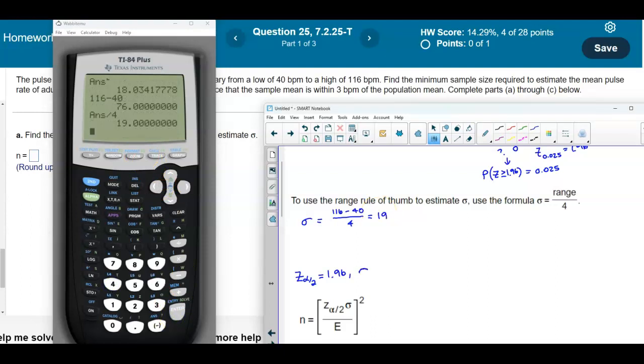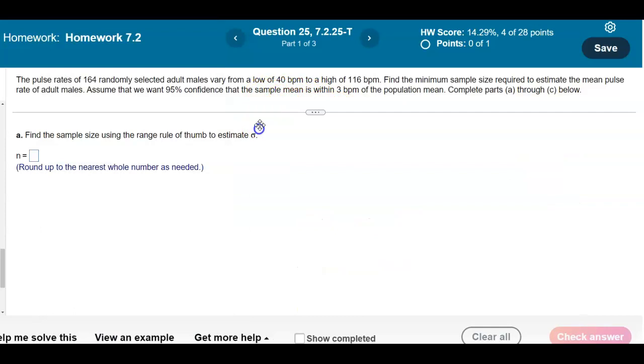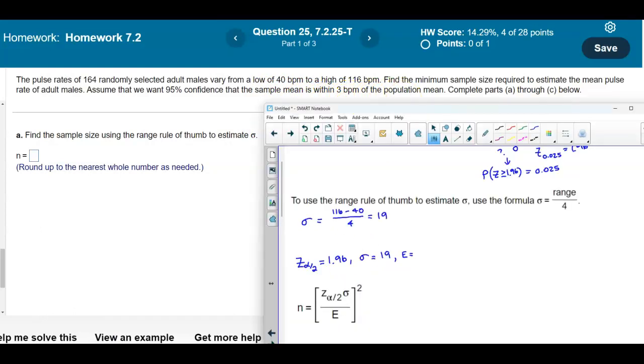So now we know that the population standard deviation is 19. The last thing we need to find is the margin of error. Up here it says the sample mean is within 3 beats per minute of the population mean, so that represents the margin of error. Now we can plug in to find our sample size.